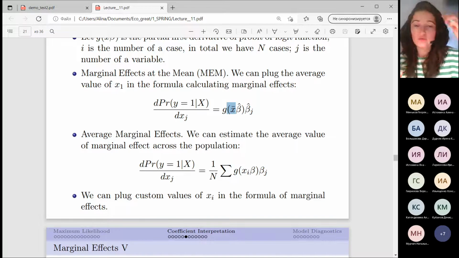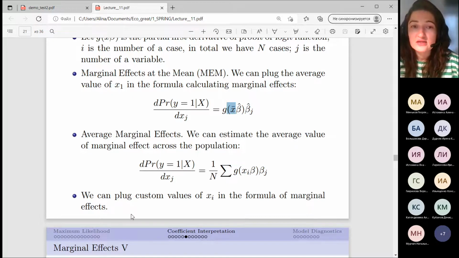So you run the logit model, for example, or probit model, and then you want to find the marginal effect for a specific respondent. Let's say an average respondent who is a female with 14 years of schooling and with income that equals 80 rubles per month, average income.